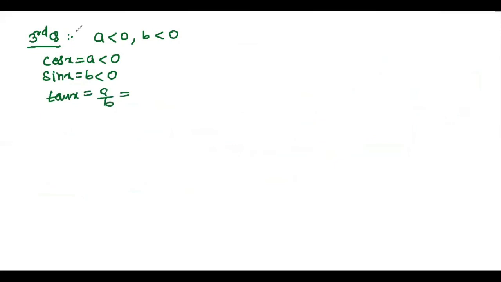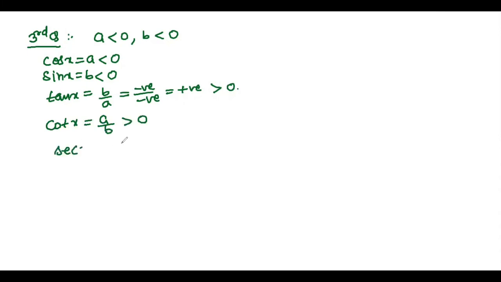Then tan x equals, sorry, b by a. So negative by negative, that will be positive. So tan x will be greater than 0. And then cot x also a by b, that will be greater than 0. Then sec x, that is 1 by a, that is less than 0.